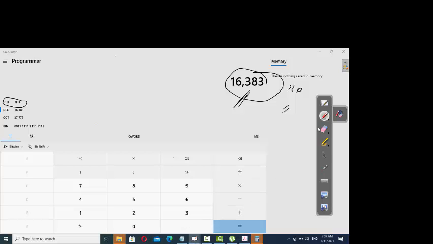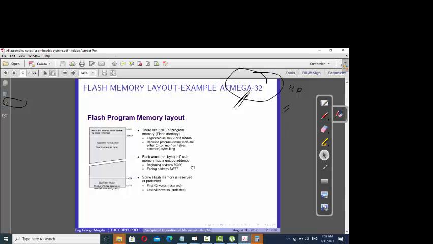This is the one I just proved to you: yes, it's true, it has 32 kilobytes of memory, but the data is organized as 16k 2-byte words. I hope you understand this, because program instructions can either be 2 or 4 bytes long. Therefore the memory is organized as 2-byte words.